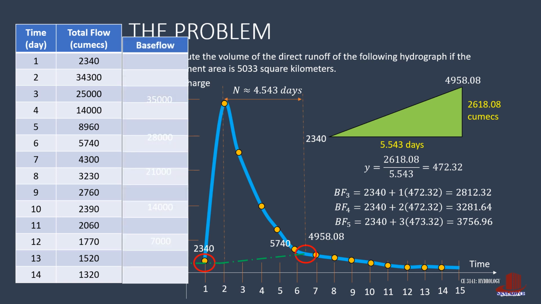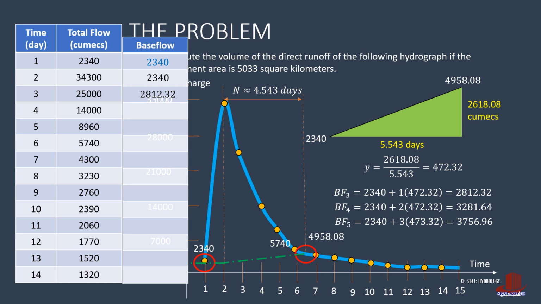We can then tabulate the base flow for each day. At day 1, the total flow is all considered as base flow. On the second day, the base flow is taken as 2340 as the first extension line is drawn horizontally until the peak discharge because of insufficient points before the start of runoff.